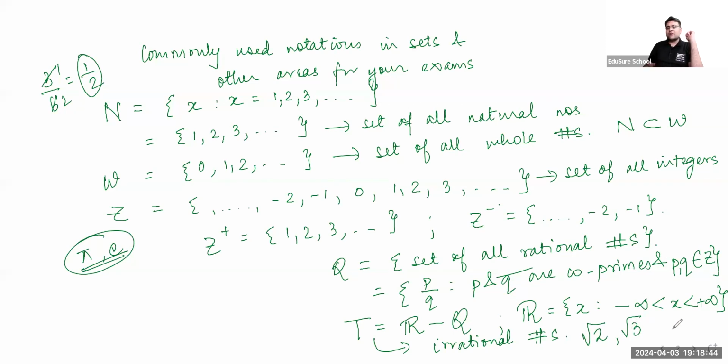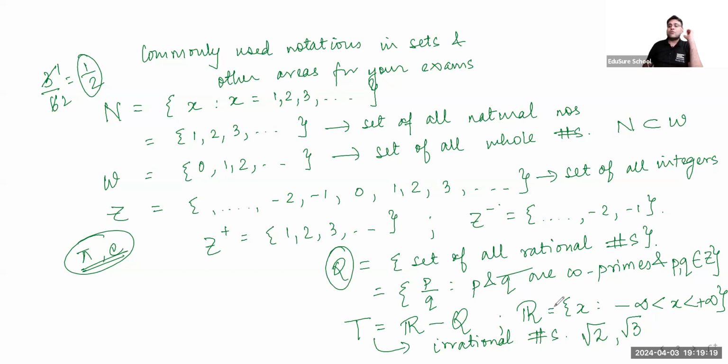Root 2, root 3, root 5, root 6, root 7, root 8, root 10 are all irrational numbers. Their decimal does not follow any pattern and it is not terminating, it goes on. Whenever I have a terminating or repeating decimal, those will be rational numbers, that is Q. Everything else will be irrational.